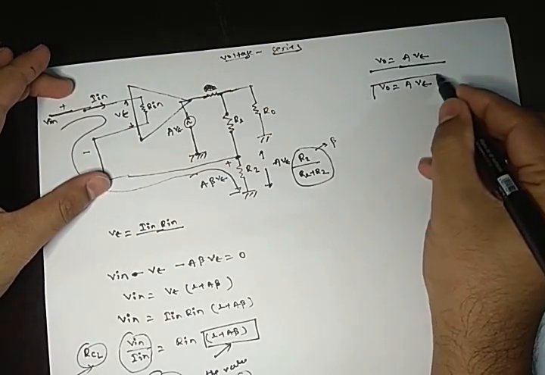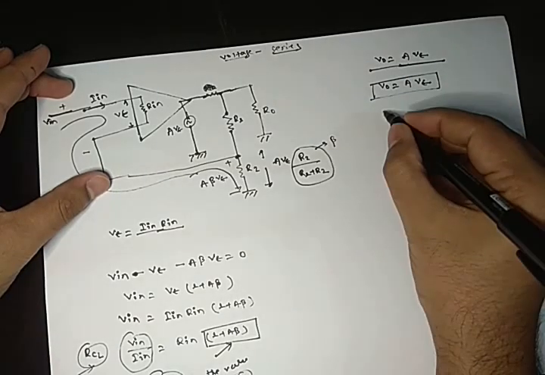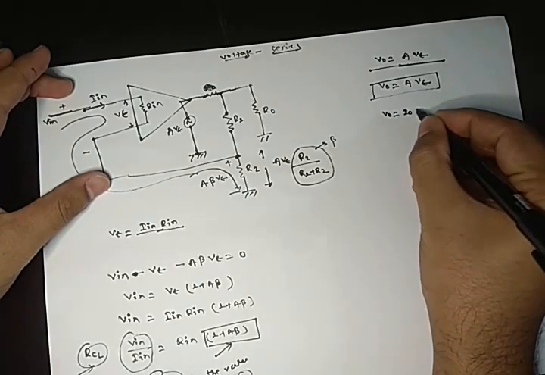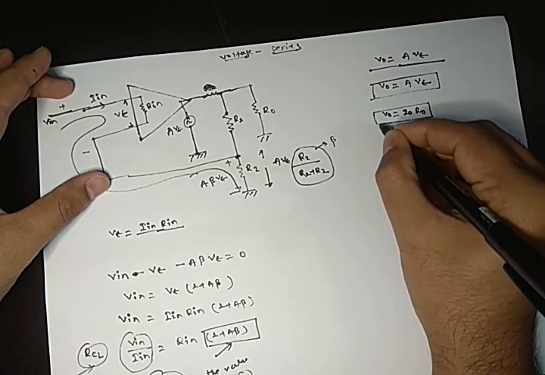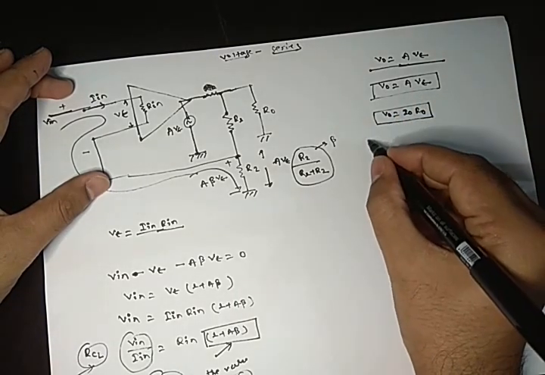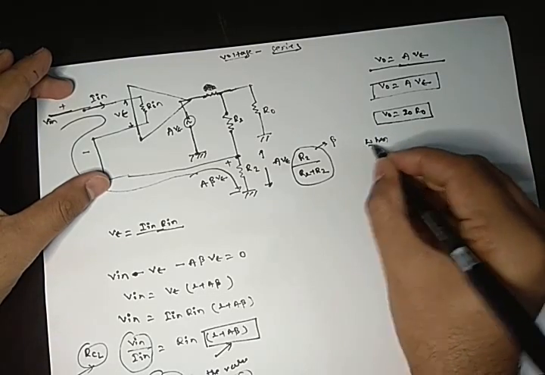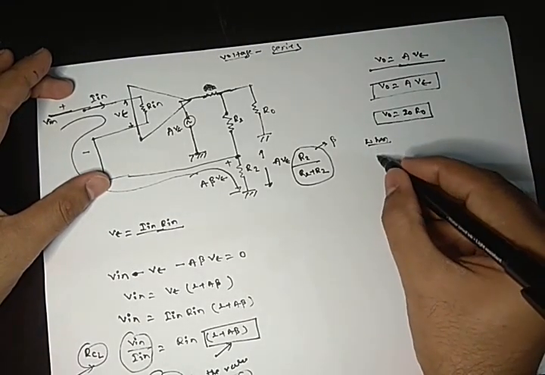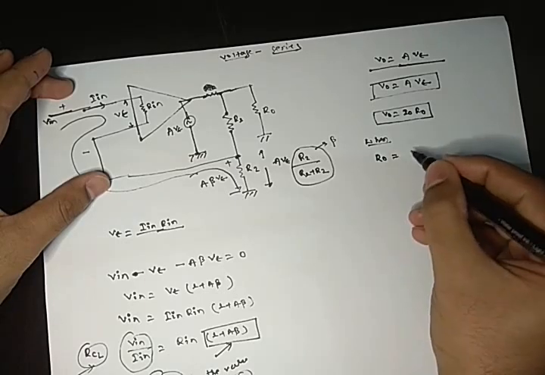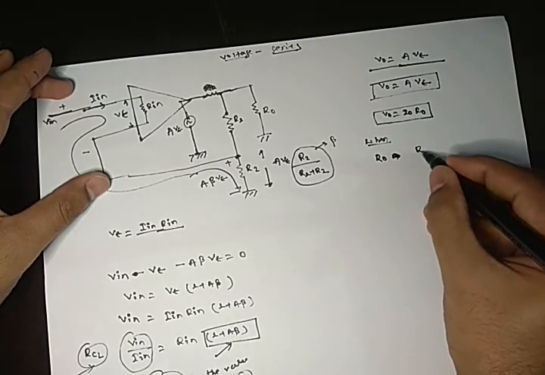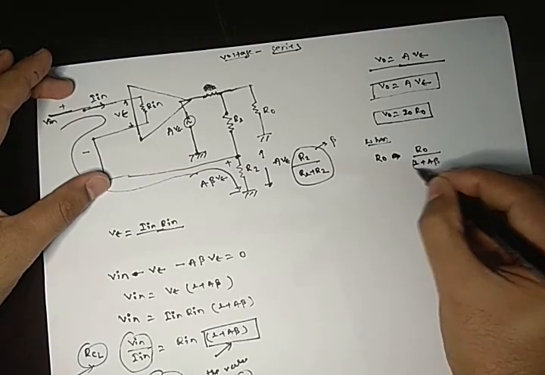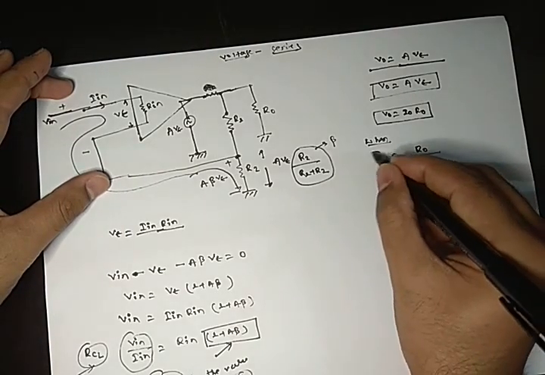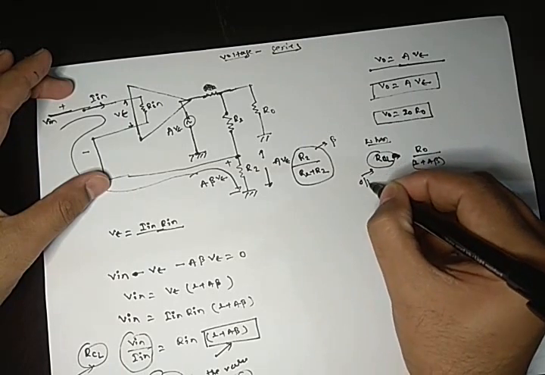This is your output voltage, and output voltage will be nothing but I0 into R0. And when we rearrange the circuit, then we will see R0 is being reduced to R0 by 1 plus A beta, the R0 closed loop output impedance.